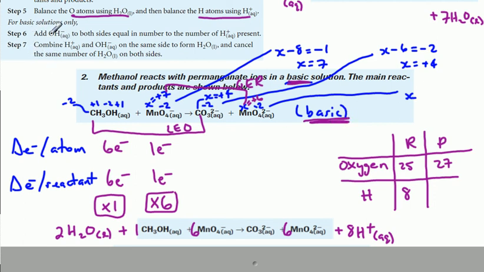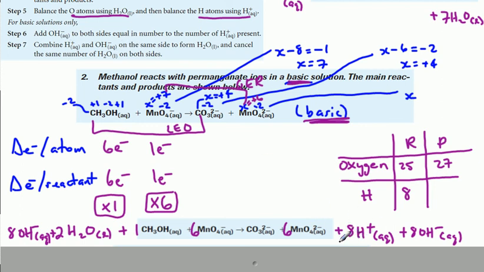The first step says add hydroxide to eliminate H pluses. So we can add 8 hydroxide here, so long as, of course, we add 8 hydroxide here. And then it's a matter of combining H plus and OH minus to see what cancels out.